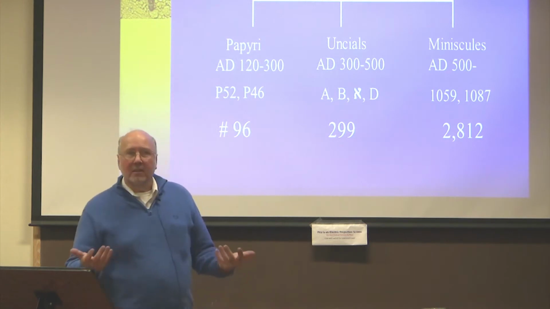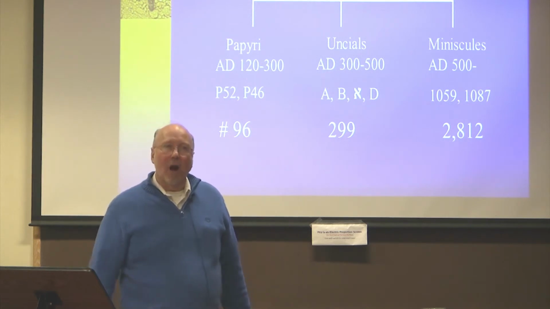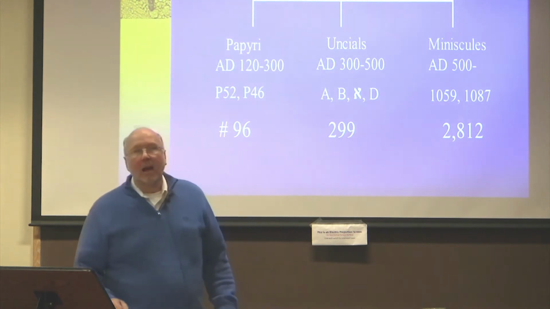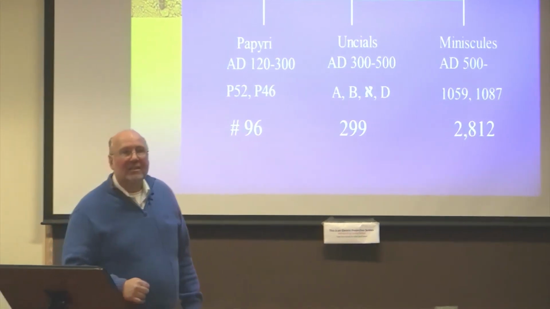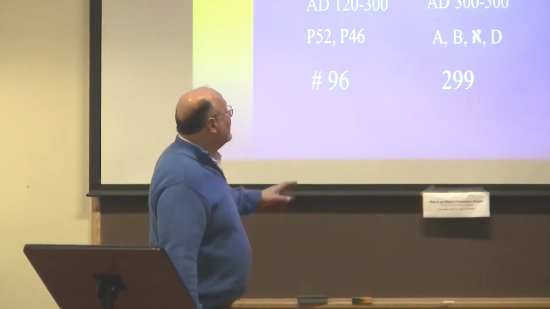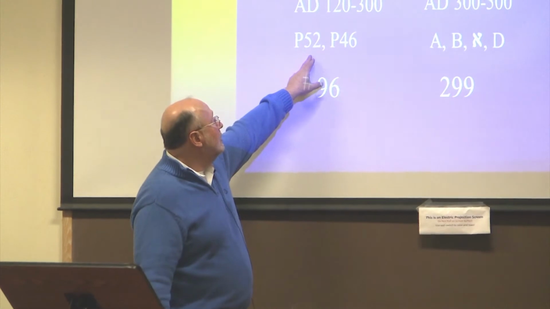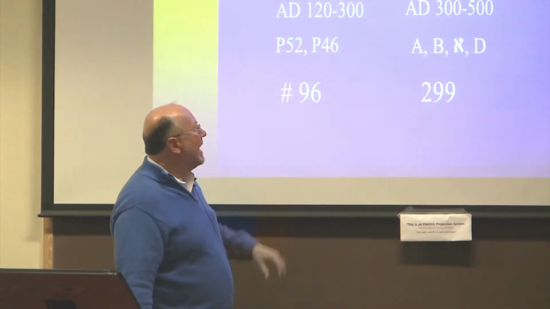Now the problem is because it's made out of organic material, it breaks down. And so papyrus in all other cultures doesn't last very long, a couple hundred years, and the moisture in the air, the humidity destroys it. But Egypt is so dry that the papyrus has lasted there, and so they have found the papyrus, and they give it numbers like this, P52, P46, and there's collections of about 96.